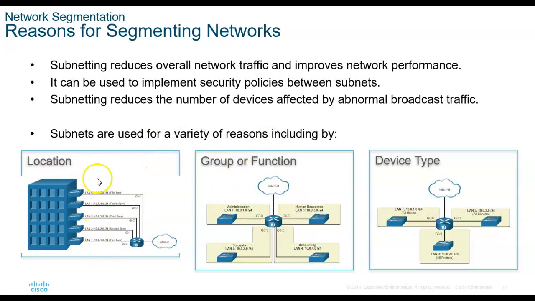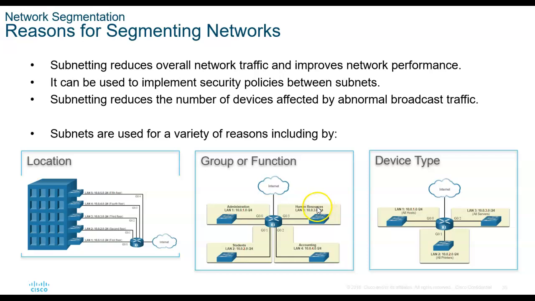So you can subnet items out. We can subnet it by location. This one shows you an example of it subnetted by floor. And then we do it by function or group. This one is by department. And this side is by group. So if we're at a school, it could be students, faculty, and administration.